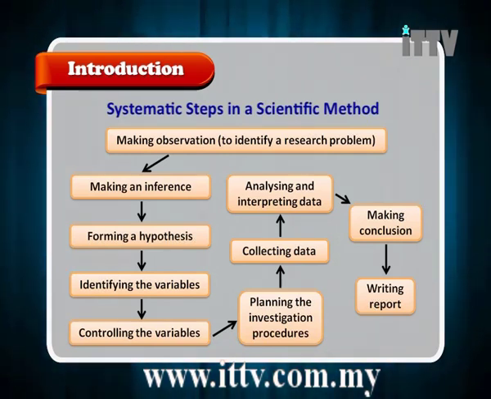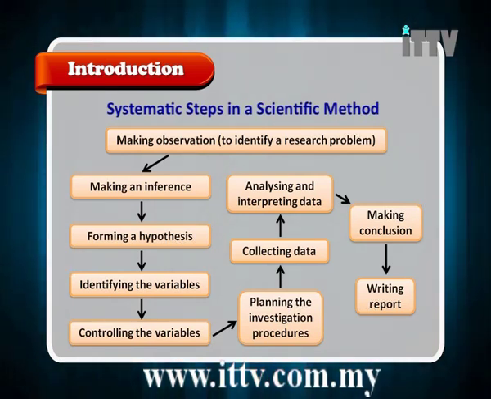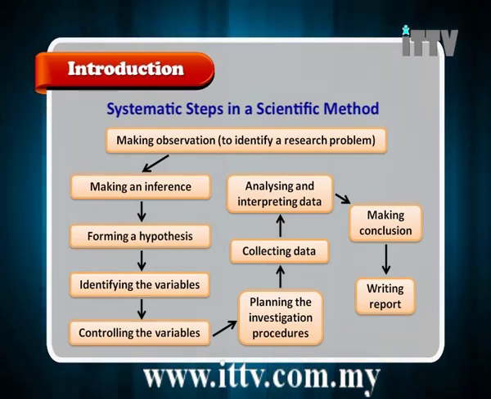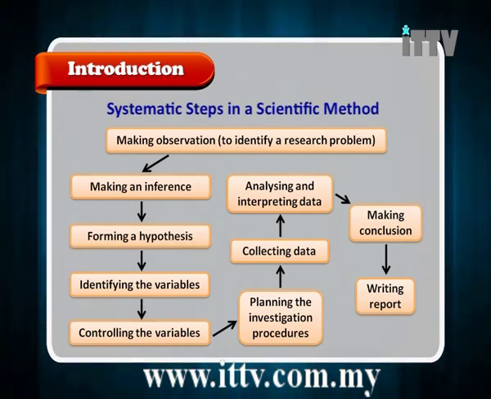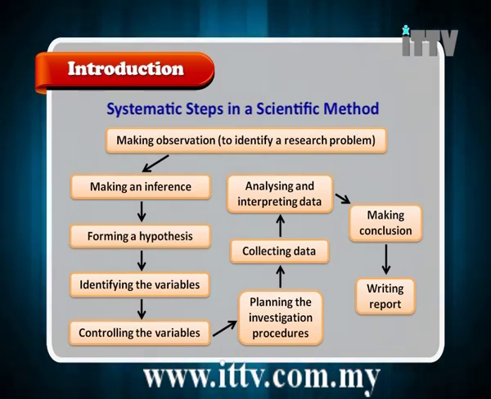Systematic steps in a scientific method: making observation to identify a research problem, making an inference, forming a hypothesis, identifying the variables, controlling the variables, planning the investigation procedures, collecting data, analyzing and interpreting data, making conclusion, writing report.